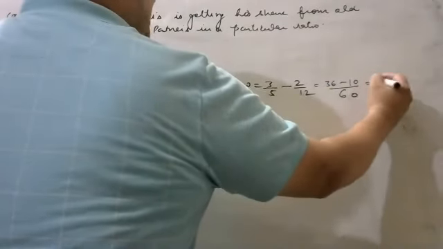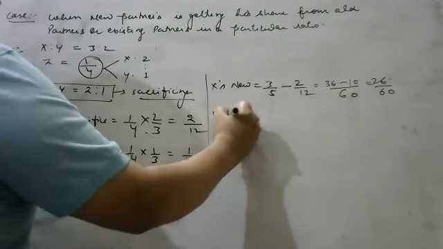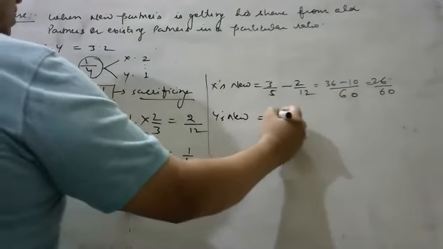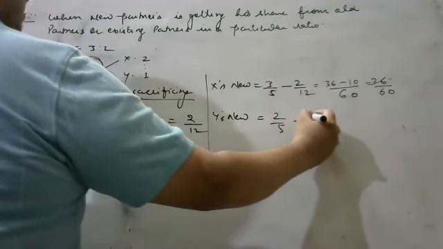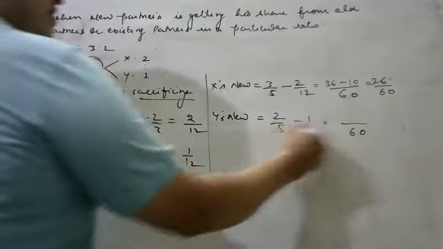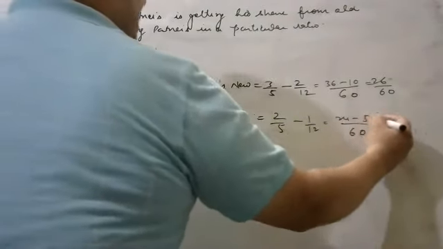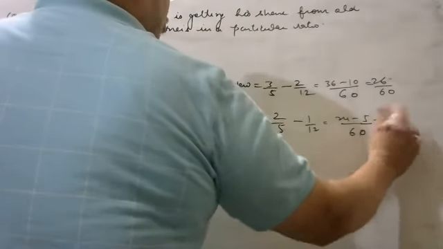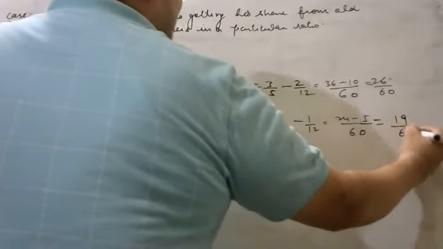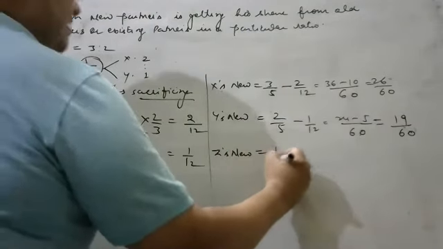So 36/60 minus 10/60, that is 26/60. Okay. Y का new क्या होगा? 2/5 minus 1/12. Again we will consider 60 as LCM. 24 minus 5, this is 19/60. And Z का new that is given, that is 1/4.